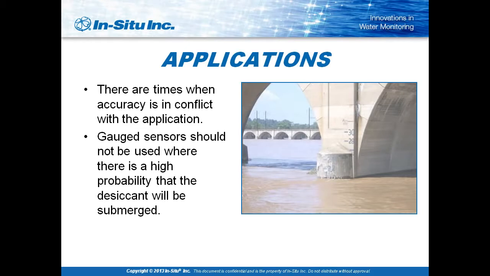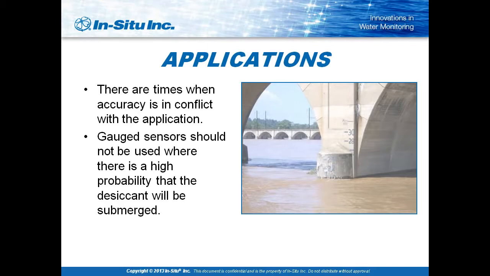There are times when you simply can't use a gauge sensor. If you're in a floodplain or where there's a high probability of flooding, you really don't want to use a gauge sensor, because if the up end of the sensor cable is submerged, two bad things are going to happen.